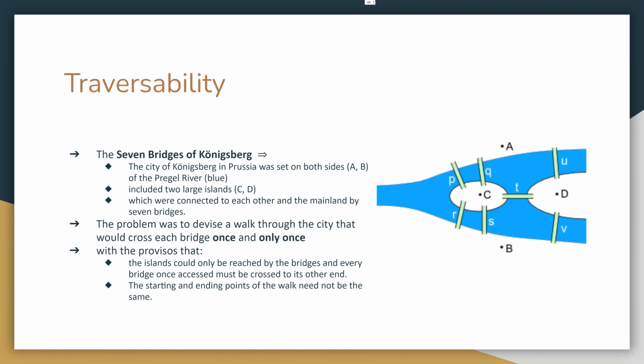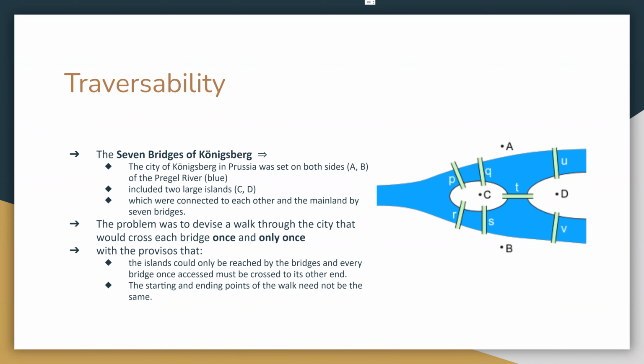So if you start from A, for example, you go through it, but you have to walk over all of the bridges once, but only once. You can't go from A to D here and then go back. That would be counted twice. So the question is, can you do that?